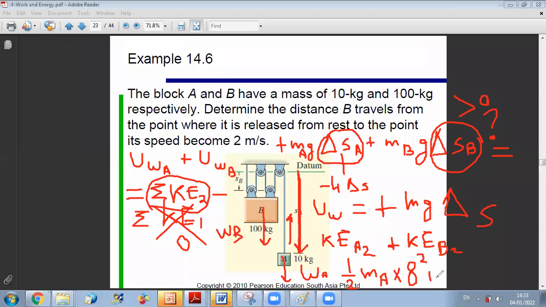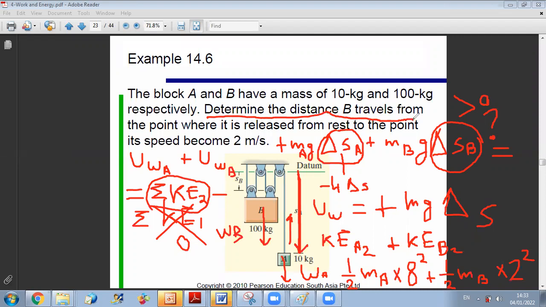Plus half mB VB2 squared, and VB is equal to 2, so times 2 squared. As you can see, the only unknown in this equation is delta SB. So I can calculate delta SB, and this is the required. They want us to determine the distance traveled by B.